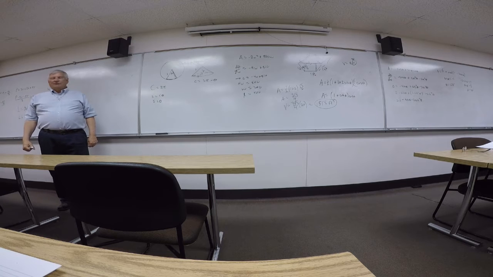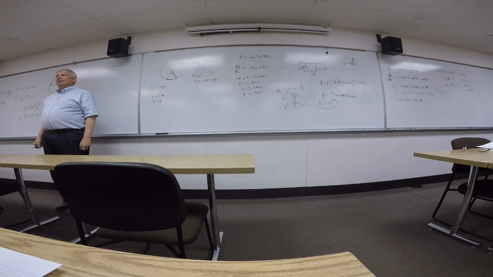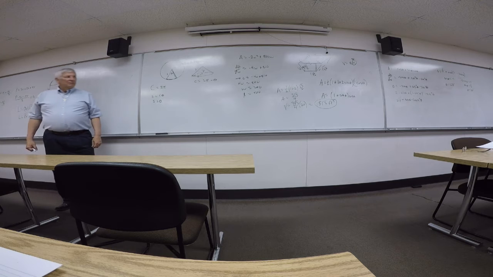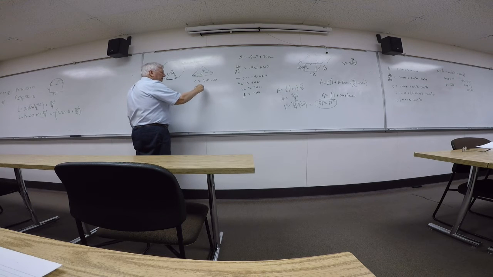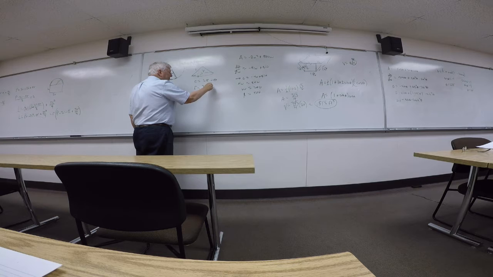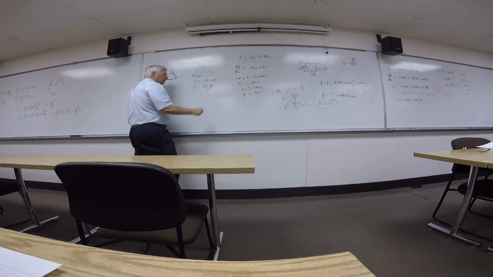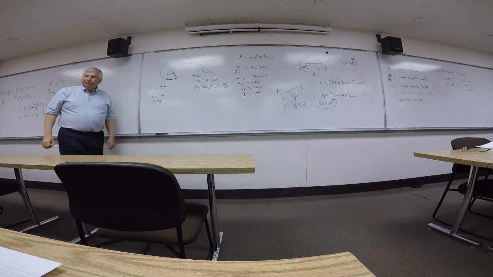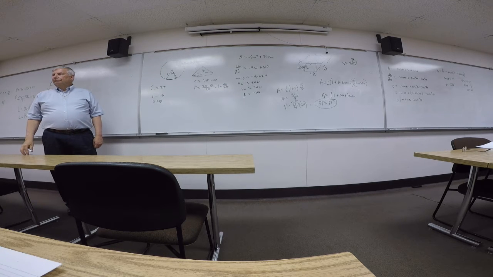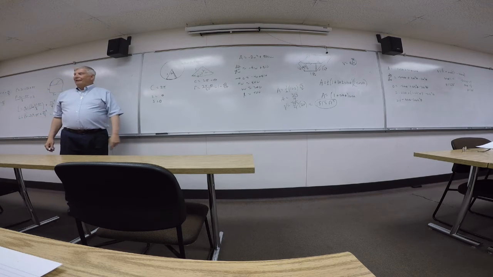If we know the circumference, can you find the radius? Yes. This radius is its circumference divided by 2 pi, which is 1 minus theta over 2 pi. 2 pi r is the circumference, so the circumference divided by 2 pi is the radius.